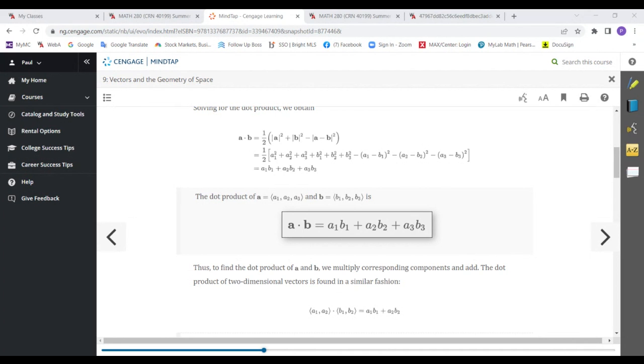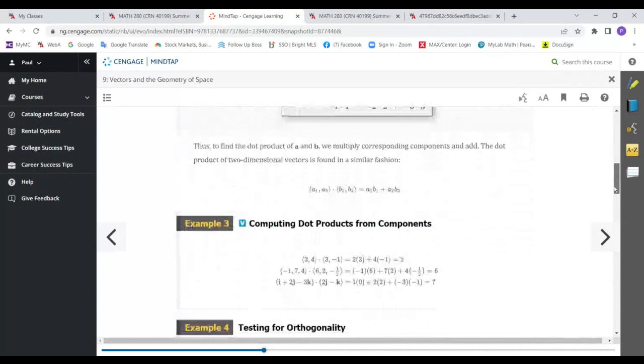So A dot B is equal to the product of the A1, B1 components plus the product of the A2, B2 components plus the product of the A3, B3 components. And this is very handy, for instance, if you wanted to find the angle between two vectors.